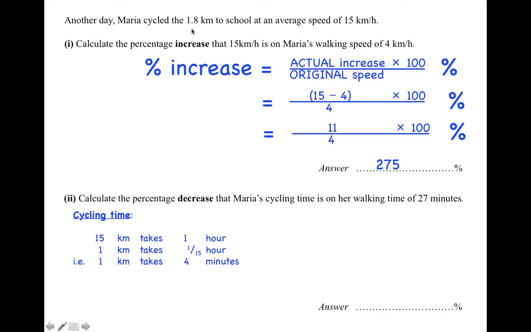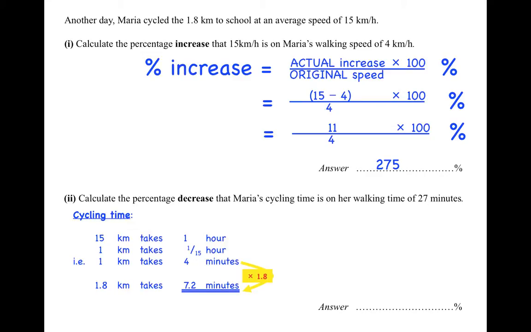She actually cycles 1.8 kilometers to school, so multiplying everything by 1.8, that means that 1.8 kilometers is going to take her 7.2 minutes. 4 times 1.8. So her cycling time is 7.2 minutes and her walking time is 27 minutes.